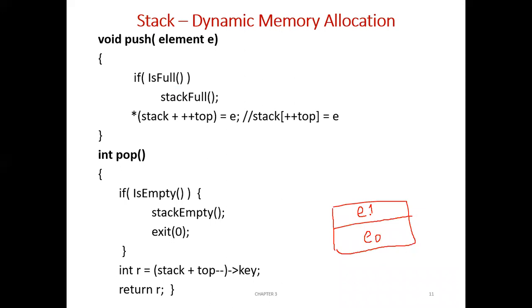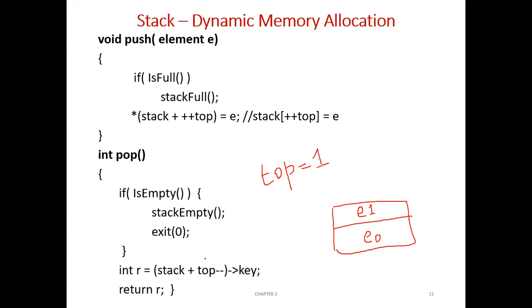So what will be the value of top by this time? Top will be 1, because 2 elements are there, so top will be 1. When stack is empty, top is -1. When 1 element is there, top will be 0. When 2 elements are there, top will be 1.